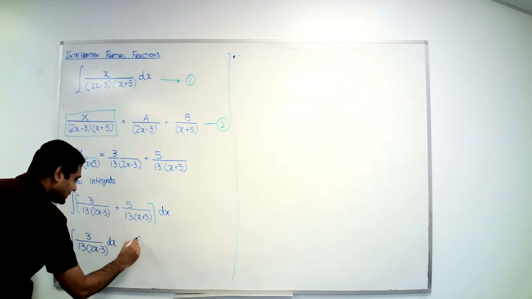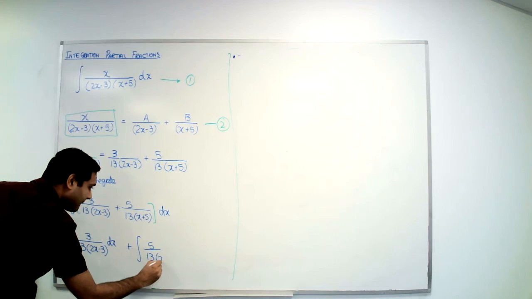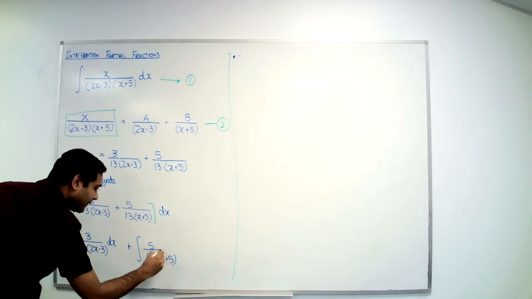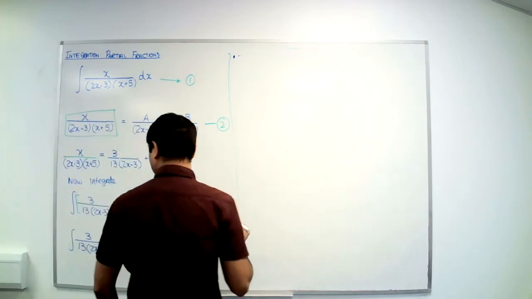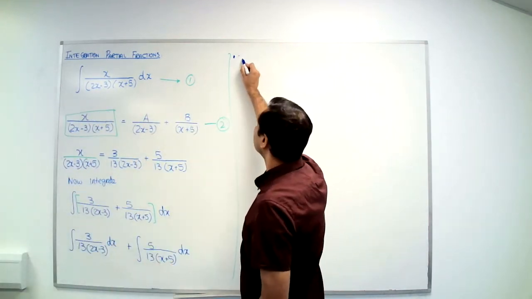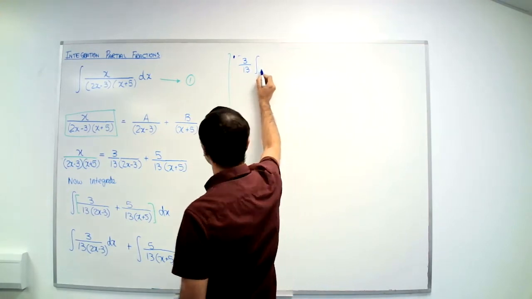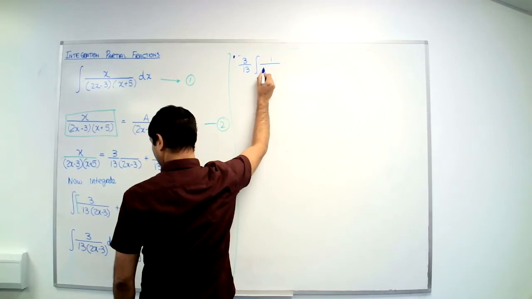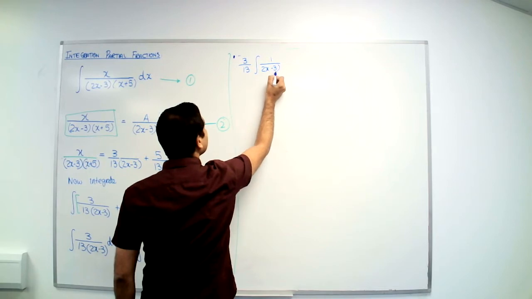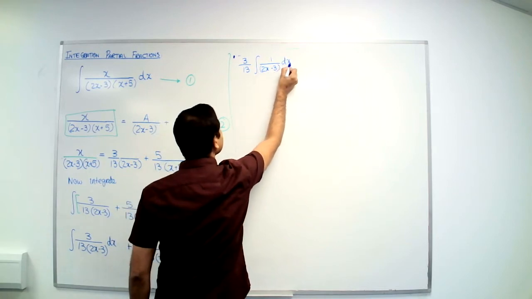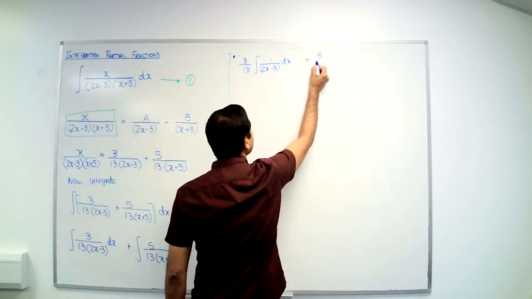That will become plus integrate 5 over 13, x plus 5. I'm doing all the steps. If you like, you can skip few steps, not all. So the 3 over 13 is a constant, comes out, and I got 1 over 2x minus 3 and dx. Plus 5 over 13 comes out.